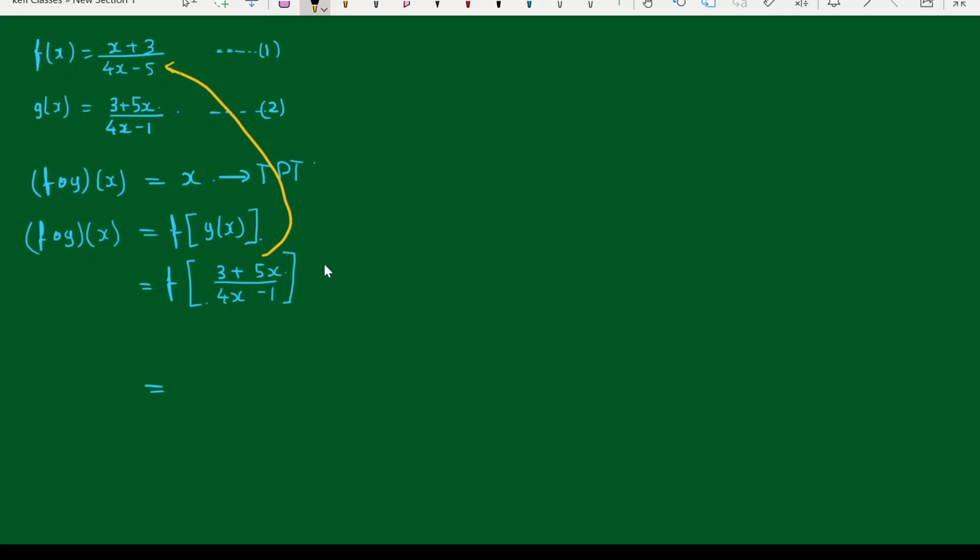So instead of this x will come (3 plus 5x) upon (4x minus 1) minus 3, divided by 4 into (3 plus 5x) upon (4x minus 1) minus 5. Okay? Now it's all normal solving.